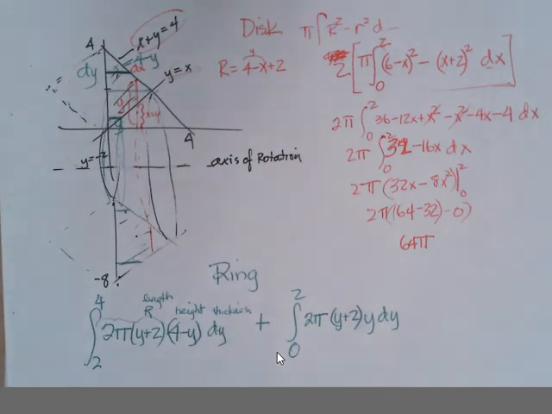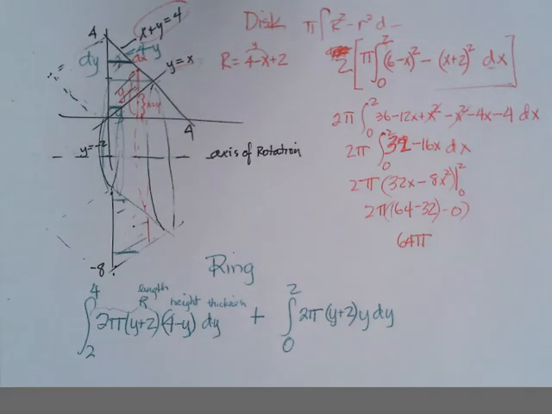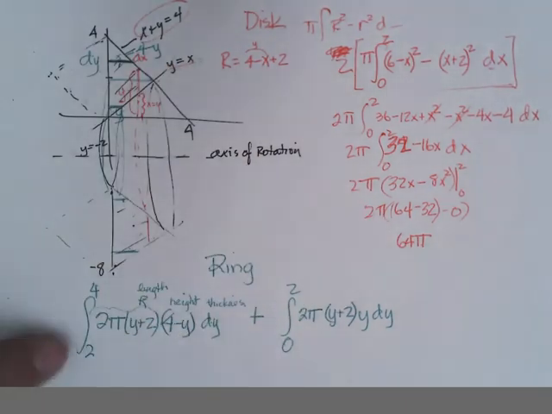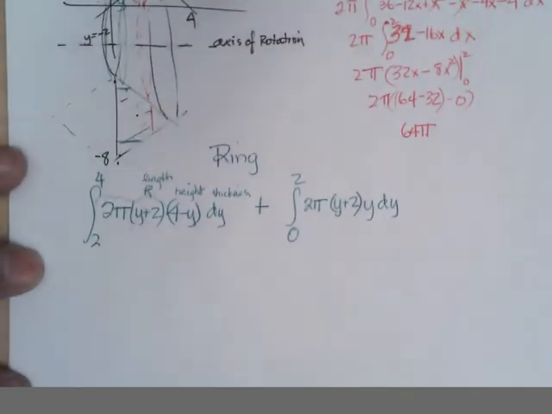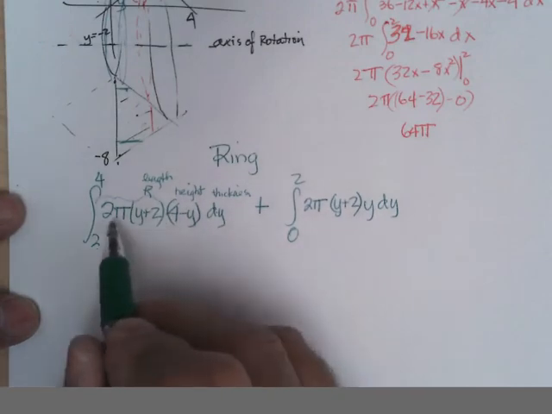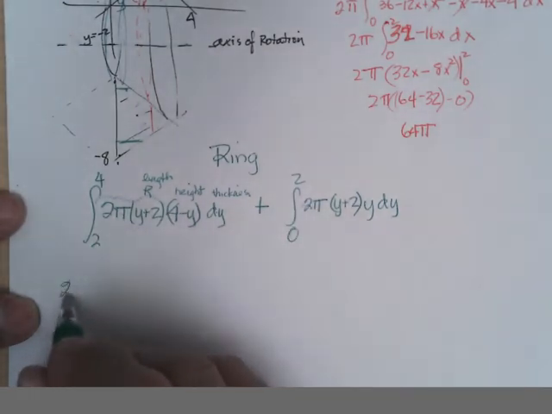Now, if I work that out, I should get 64 pi if I didn't make a mistake there and I don't make a mistake here. So let's see if I do get that. Okay. 2 pi comes out of this one, it comes out of this one, so it's going to be 2 pi times everything.